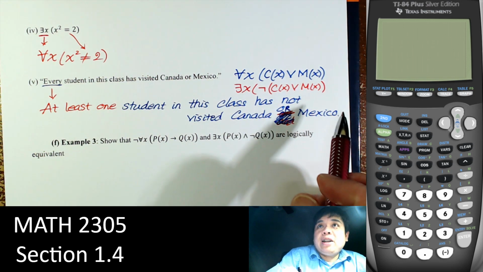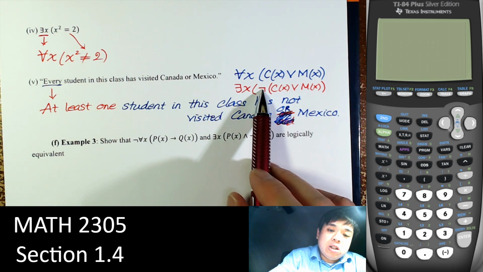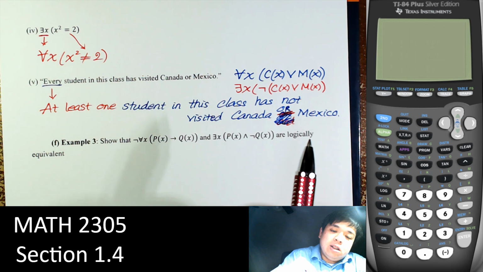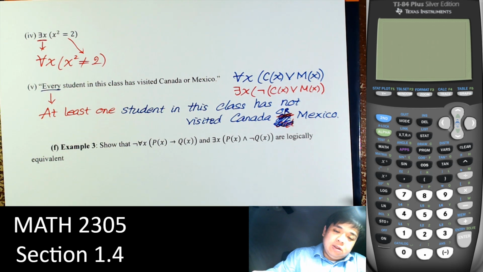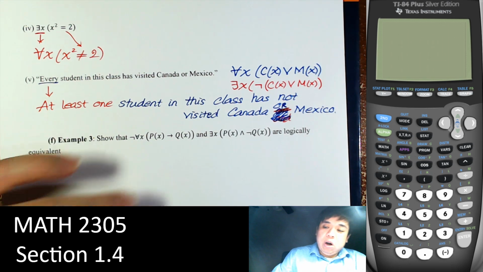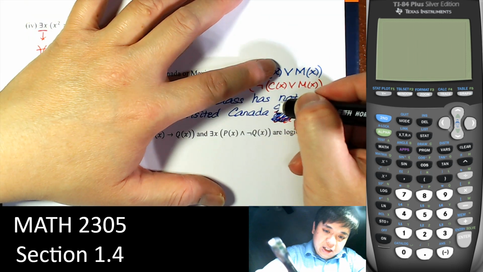However, De Morgan's law turns this into not Canada and not Mexico. So if we want to do it precisely, we can say it.